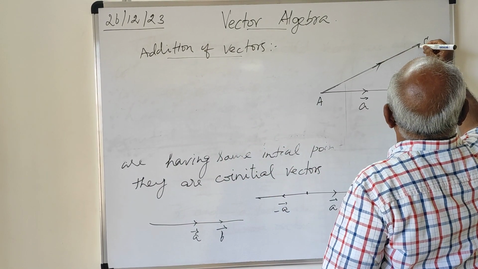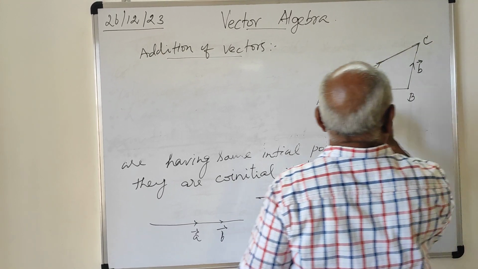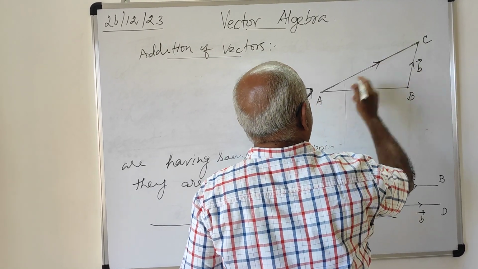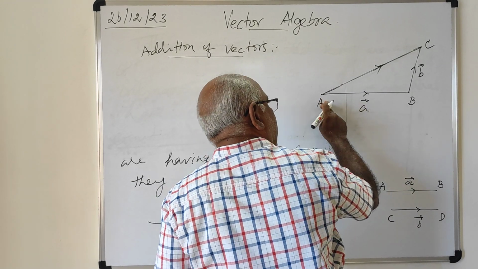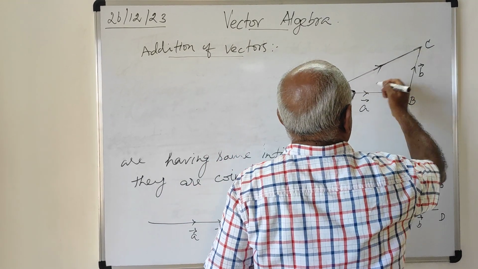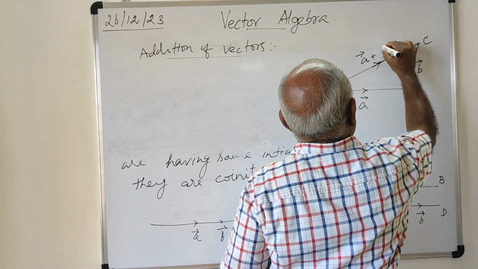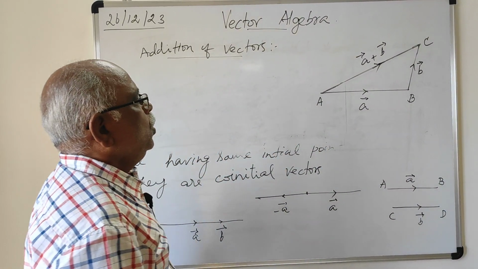A is a vector acting on the line AB, B is a vector acting on the line BC, and AC is another vector whose initial point is A and the terminal point is C. So this AC vector is nothing but the sum of the two vectors A and B. This is A plus B.